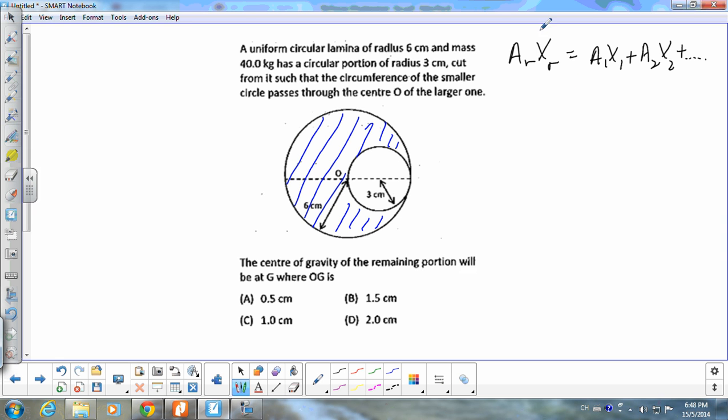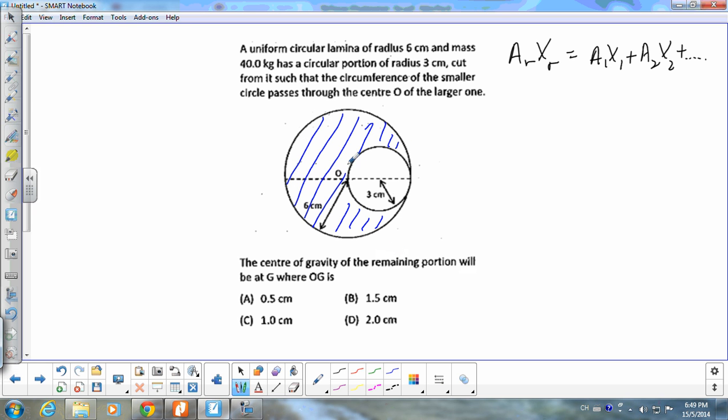This X represents the X coordinate. If I want to find the Y coordinate, I simply change to AR YR equals A1 Y1 plus A2 Y2, etc.